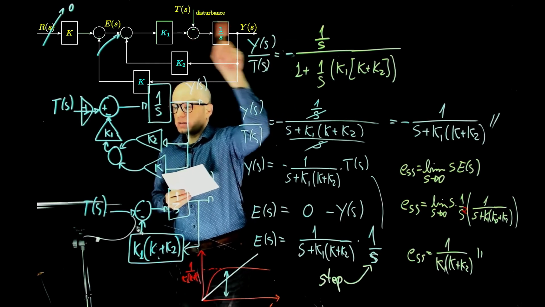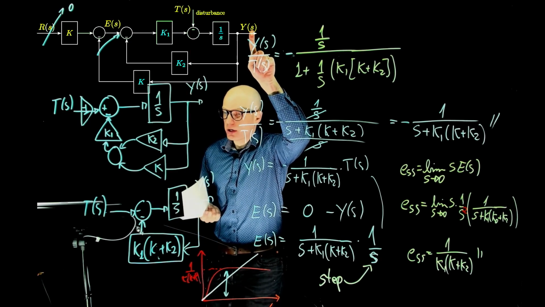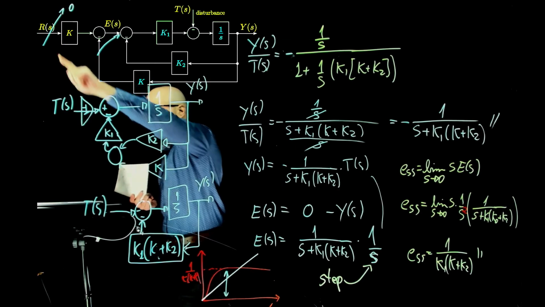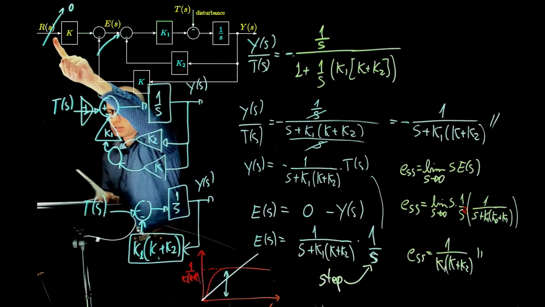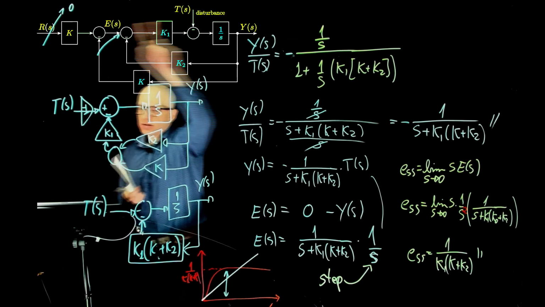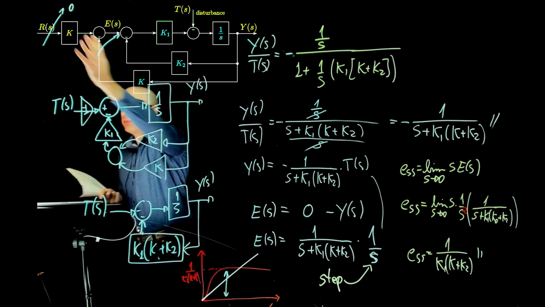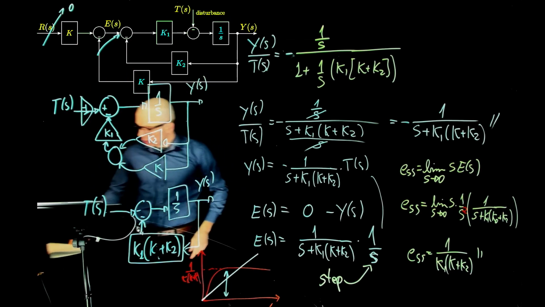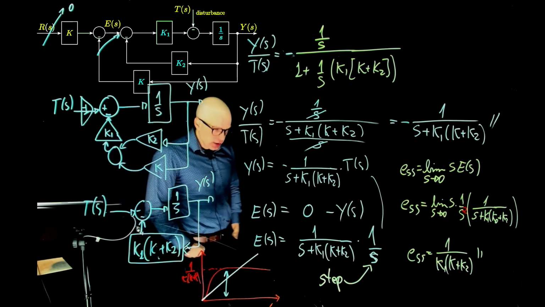The problem is that anything that deviates from 0 is an error now, because we want the system output to be 0. We cannot make the output 0, but we can make the desired output 0, and yet the output is following the disturbance. So anything that deviates from 0 is now the error. So this makes perfect sense.